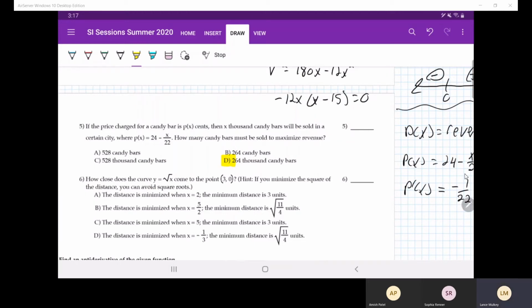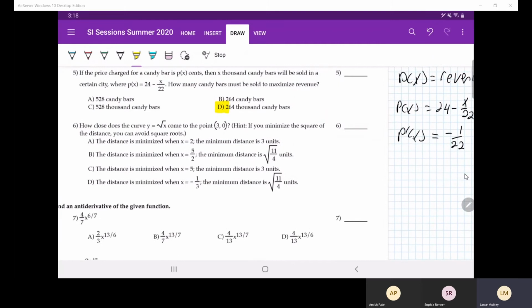I mean, 528,000 candy bars is when it hits the x-axis. That means there's zero revenue. This is linear. This is why it doesn't make sense to me. Sorry, I'm going to skip that. I may ask him about this one. And then I'm going to do a test review, and then I may go over this problem towards the end of that, if I can get him to answer it.